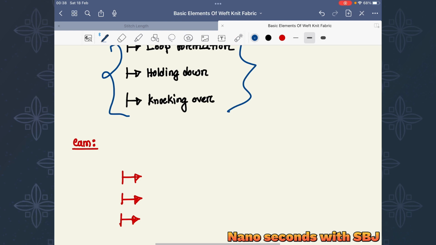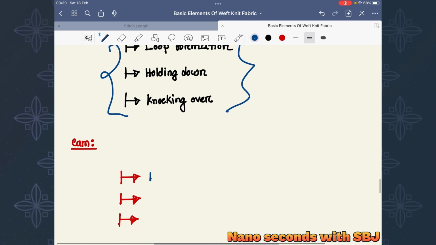The first one is the knit cam, the second one is the tuck cam, and the third one is the miss cam. A knit structure is a combination of these cams, and by combining them, more varied structures are produced.